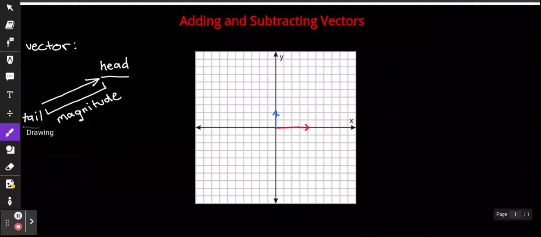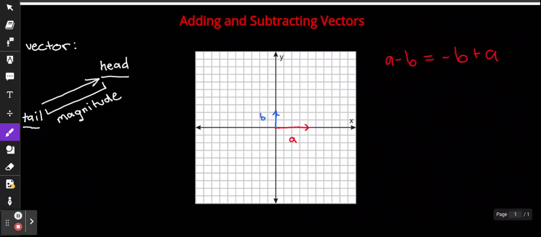Before we do that, let's look at how we add and subtract normal numbers. So we know that a minus b is equal to negative b plus a. In this case, our a is going to be the red, and our b is going to be the blue.